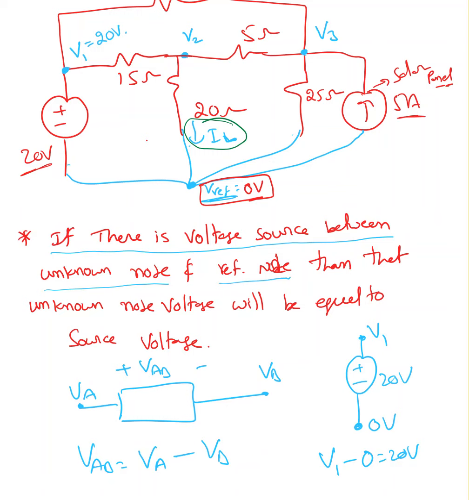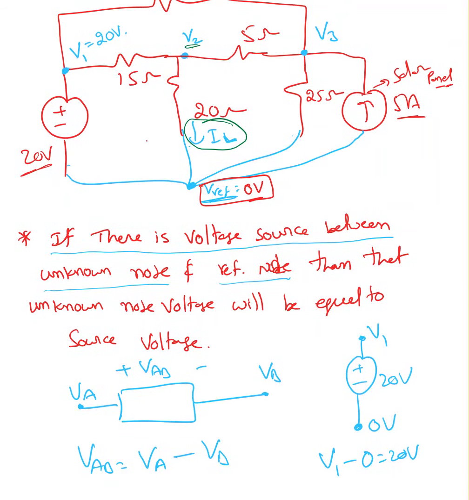So I'm shifting my goal from finding IL to finding V2. Here I have 3 unknowns, so I need 3 equations to find those 3 unknowns. But in this case, instead of an equation, I directly got the final value of V1. V1 equals 20 volts.